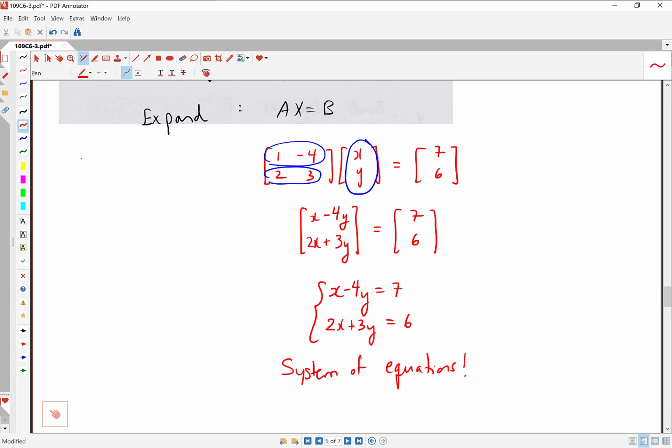So what we've learned over the course of this example is that when you take an equation that looks like AX equals B, that's really representing a system of equations. So A just has some numbers in it, X has some variables in it, and we're saying that's equal to some other numbers. That's just a way of encoding a system of equations. It's a fast way of writing down a system of equations.